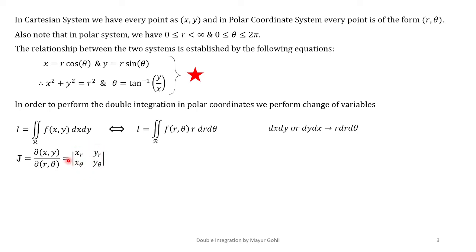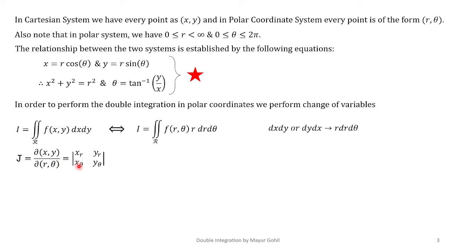Now what is the meaning of the formula? It is the determinant of what? For x you take the partial derivative with respect to r. For y also you take the partial derivative with respect to r.